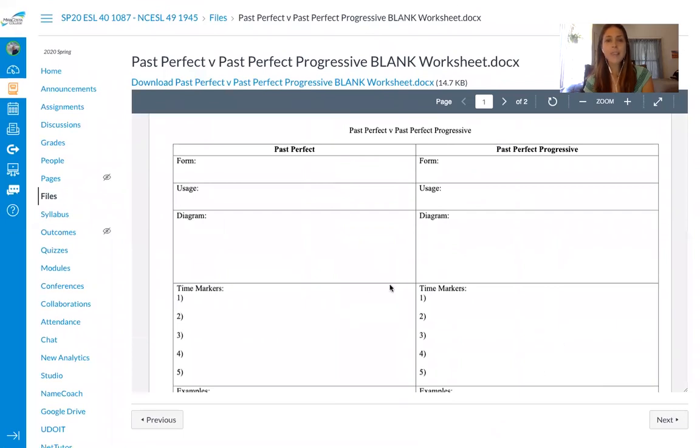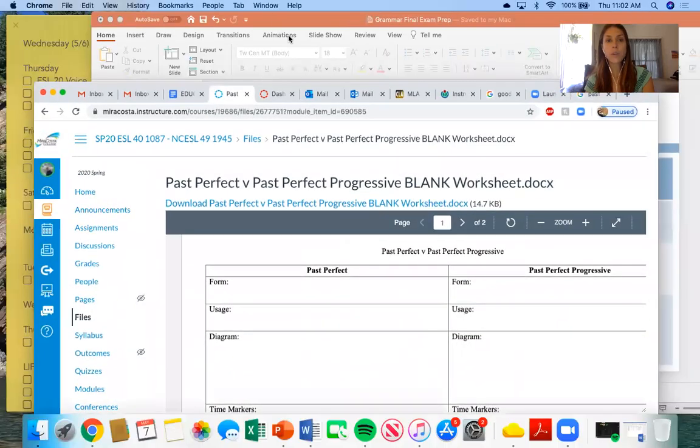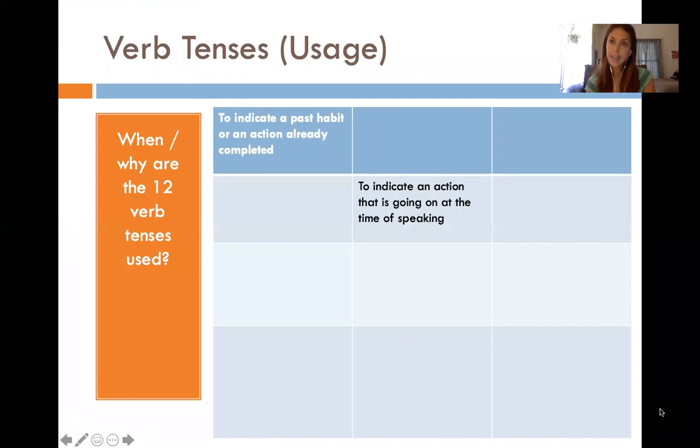And there's this usage place right down here. This is where you can use these worksheets to fill out the rest of your chart. So take a second, go find those worksheets if you can find them, get organized, and then fill out this chart and pause this video, okay?